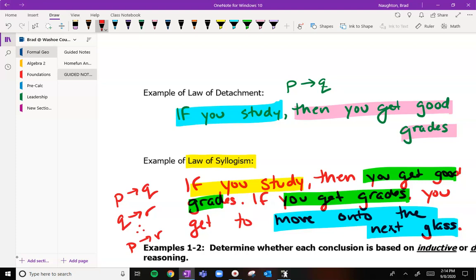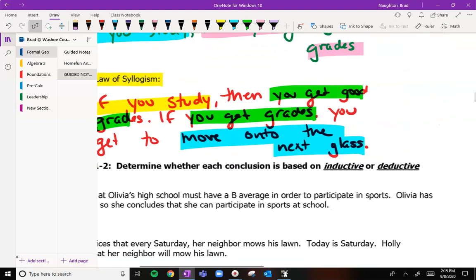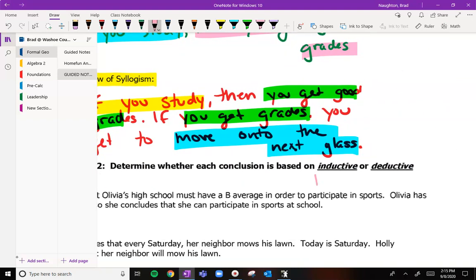Okay? So let's go ahead and make sure, though, we're good with inductive reasoning versus deductive reasoning before we get too crazy. Okay? So let's go ahead and double check. Inductive is patterns, observations. Deductive is rules. Okay?